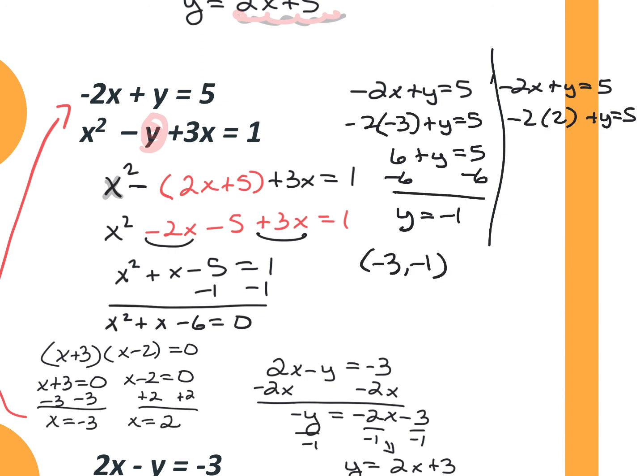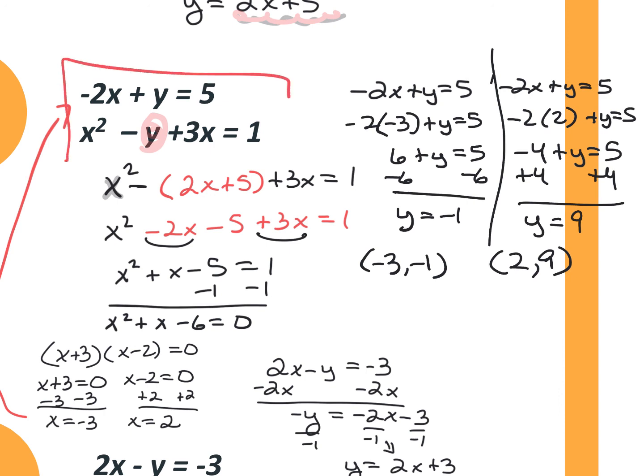And the second ordered pair, multiply, add the 4, y equals 9. So the second ordered pair, I plugged in a 2, and I got 9 for the answer. So the solution to this system are the ordered pairs -3, -1, and +2, +9.